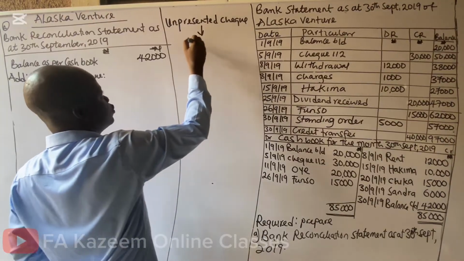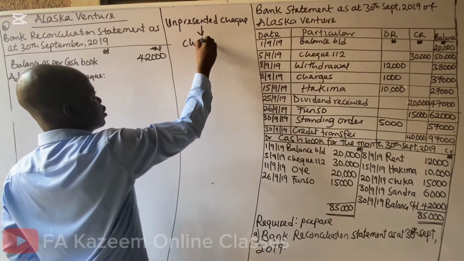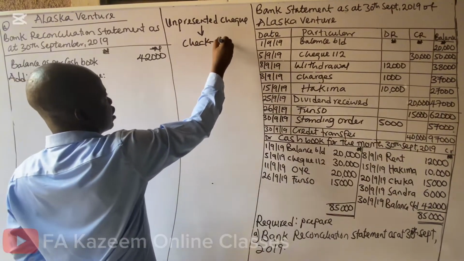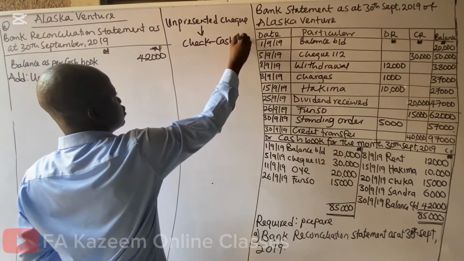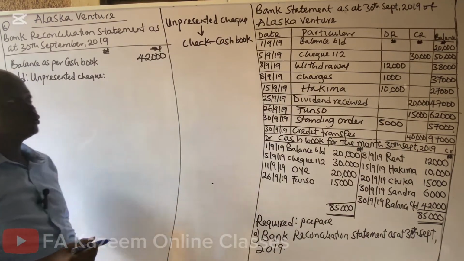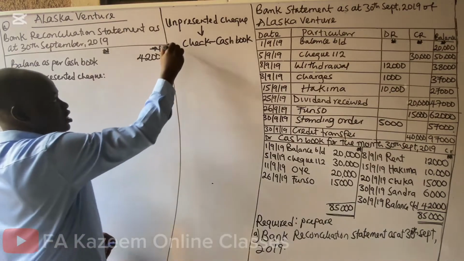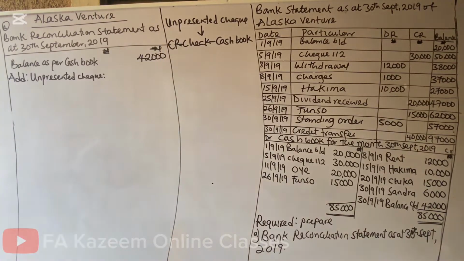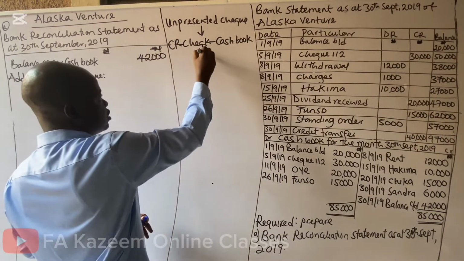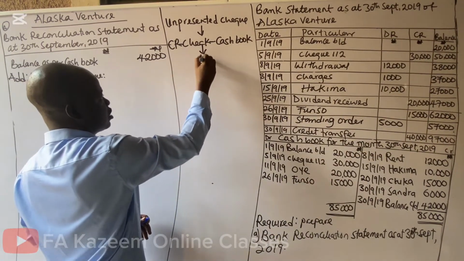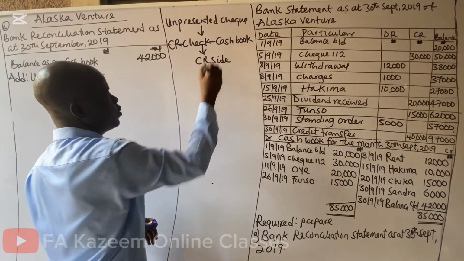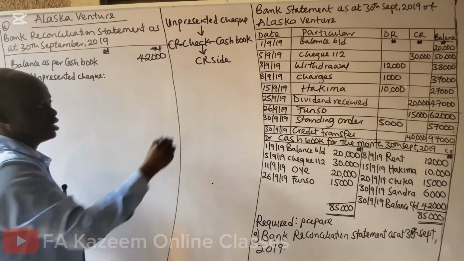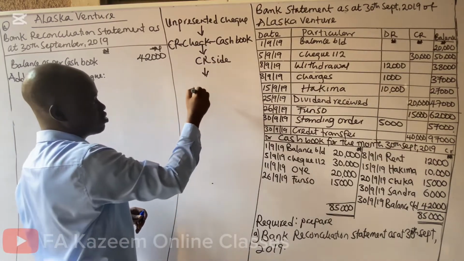You check your cash book. To get unpresented check, you check your cash book. What side are you checking? You check the credit side. Now, please check the credit side of your cash book, one after the other. And how do you know that there's uncredited check?